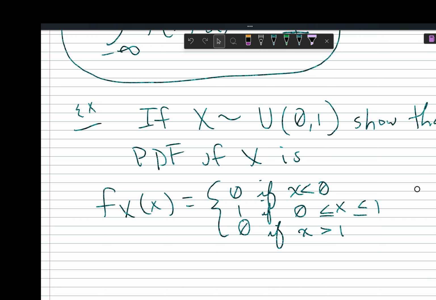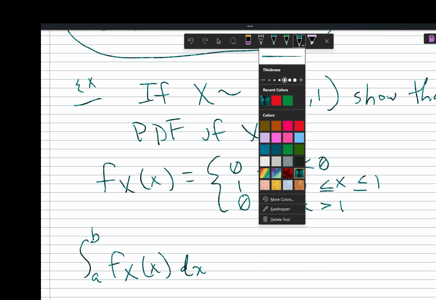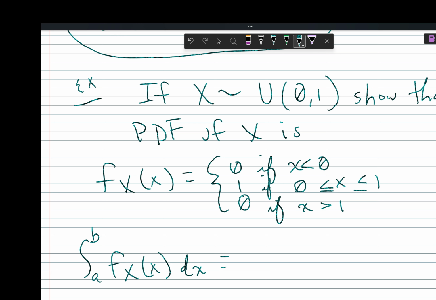So for such intervals, we have the integral from A to B of 1 with respect to x equals B minus A.